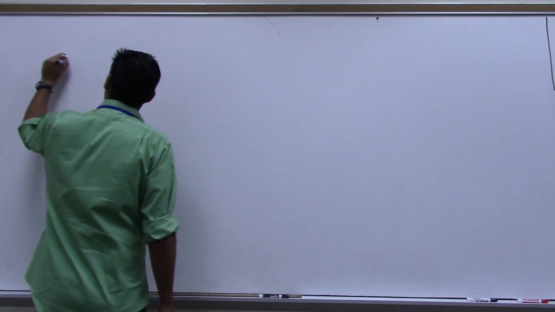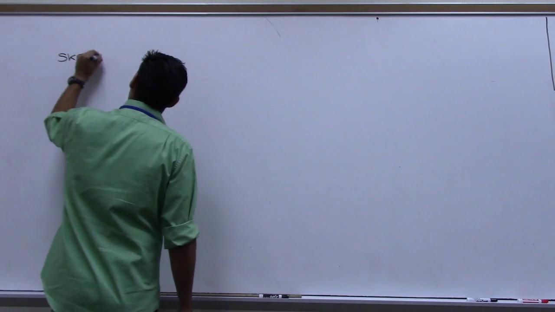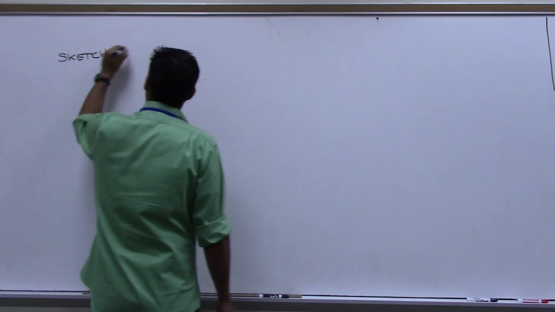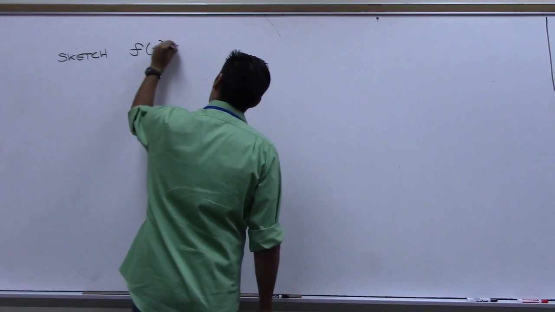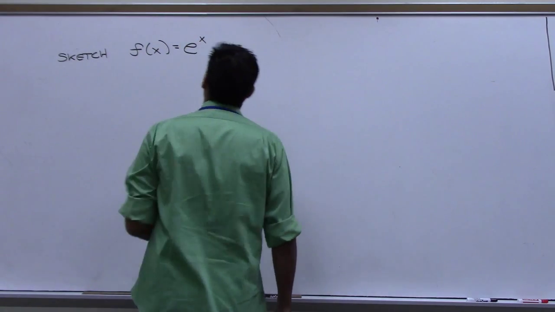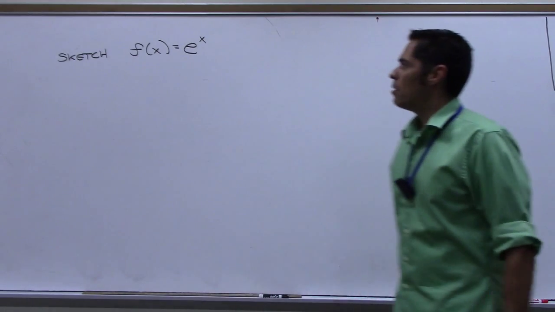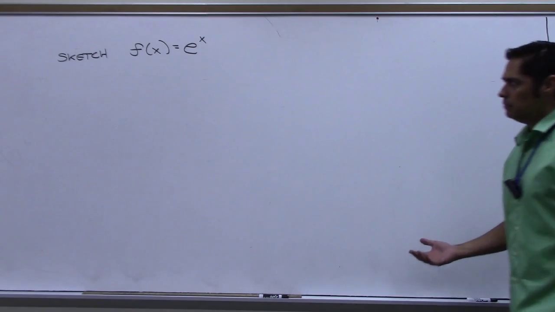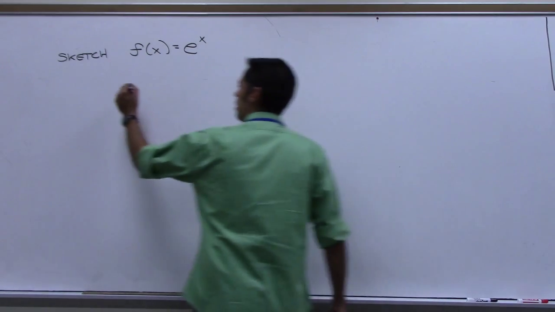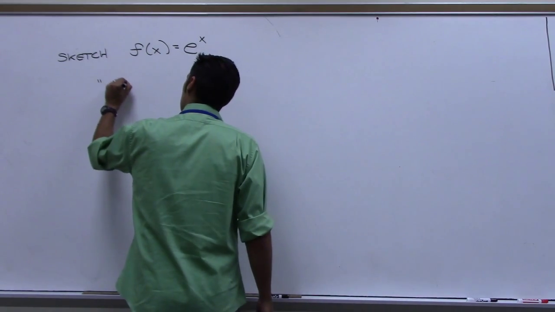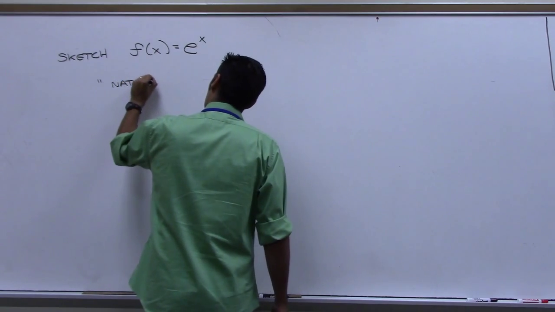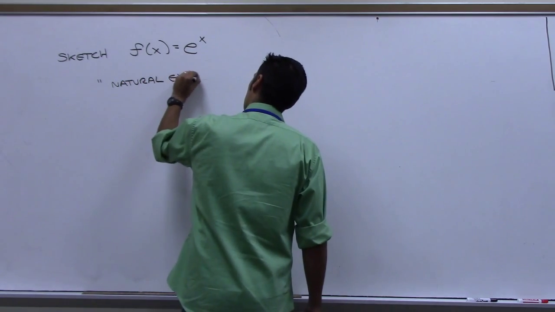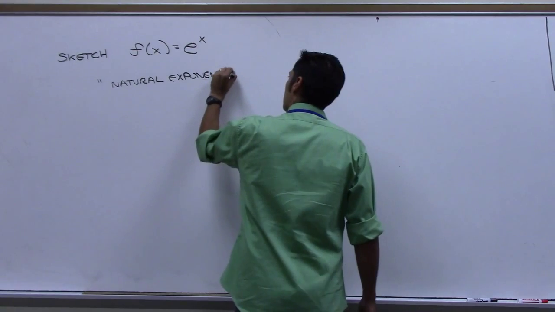So let's sketch f of x equals e to the x. Now, I told you this number e was a very special number, right? It's like pi. This particular function is called the natural exponential function.